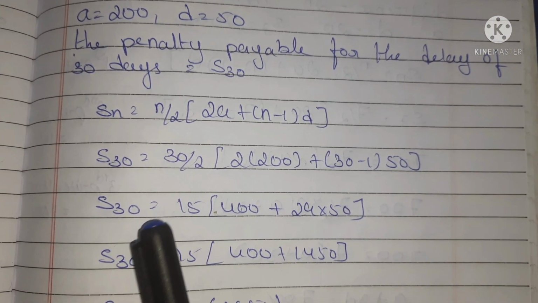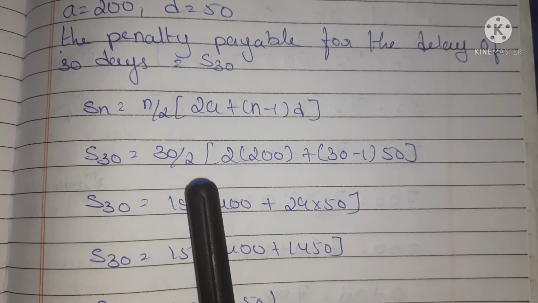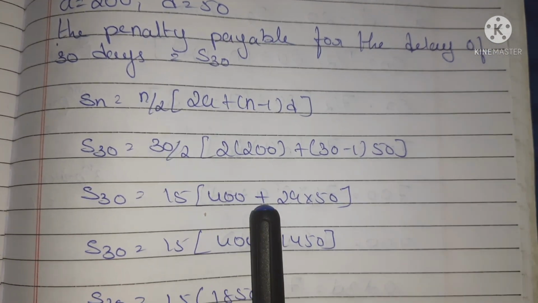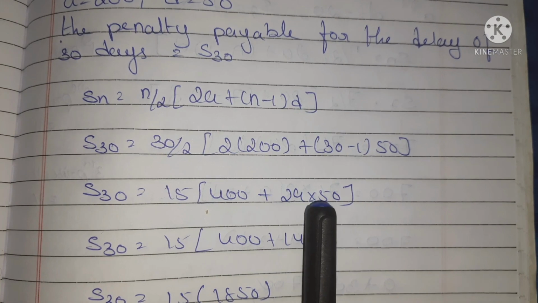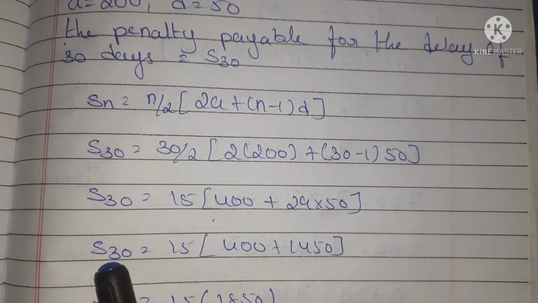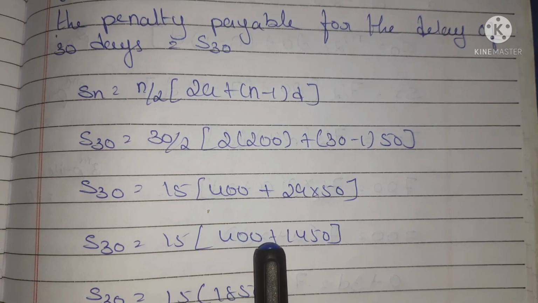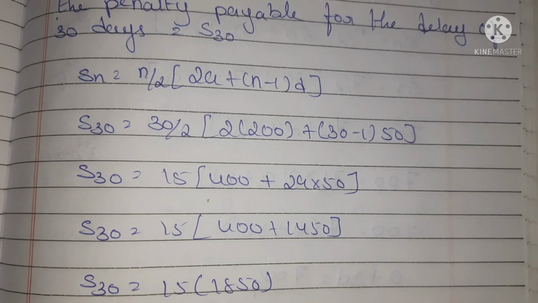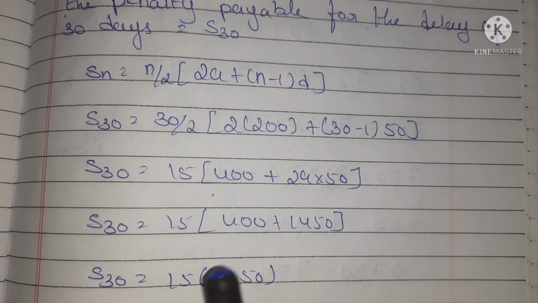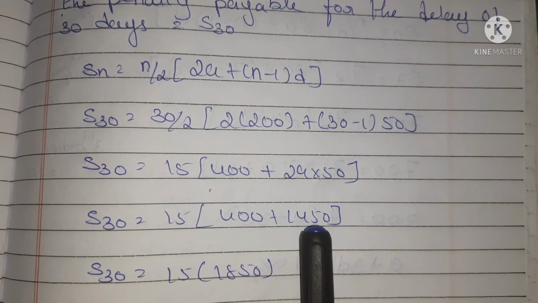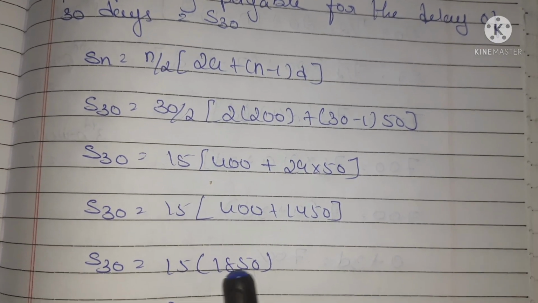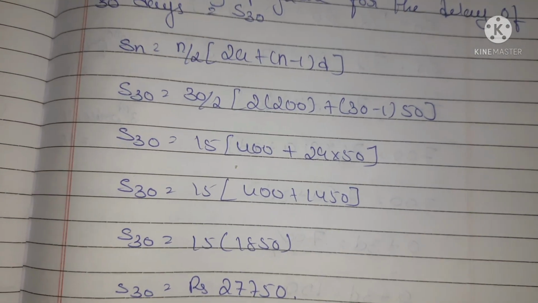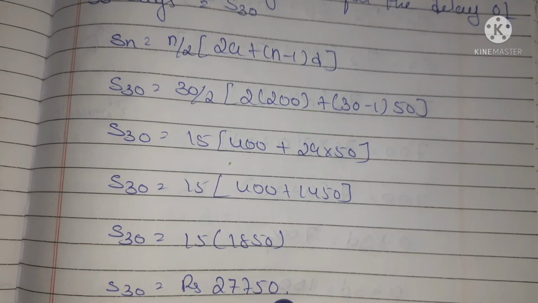Now S30 is equal to, here 2 ones are 2, 15s are 30, so 15 into (2 into 200 is 400, plus 30 minus 1 is 29, into 50). Now S30 is equal to 15 into (400 plus 29 into 50, which is 1450). Now S30 is equal to 15 into (400 plus 1450), which is 15 into 1850, which is 27,750.